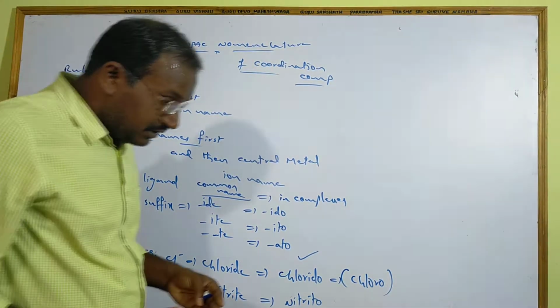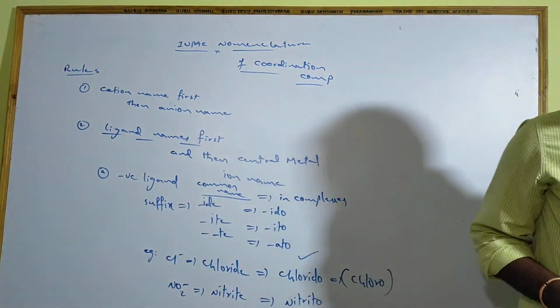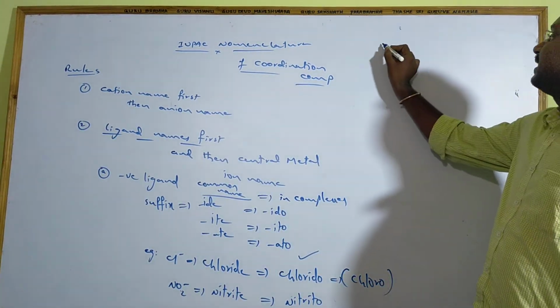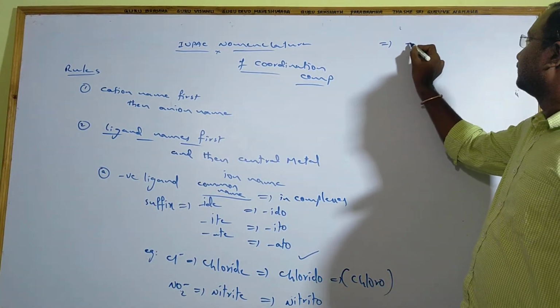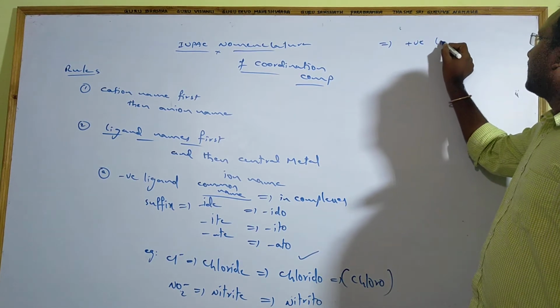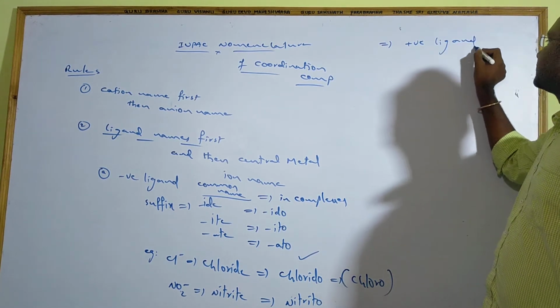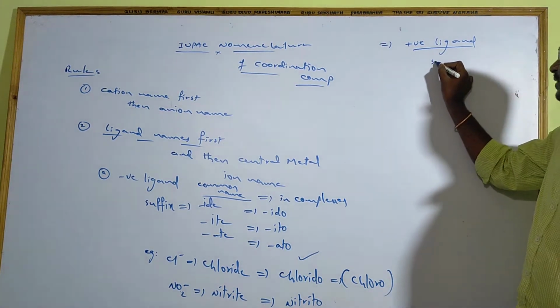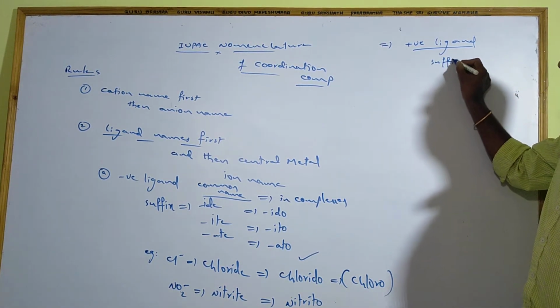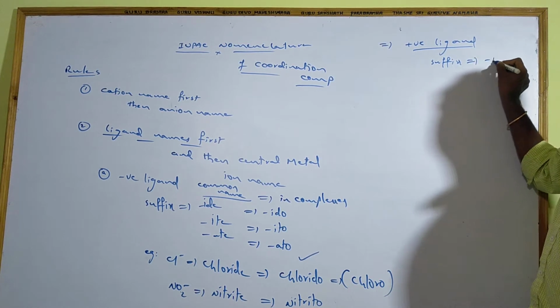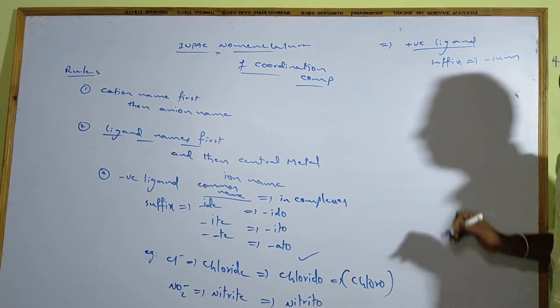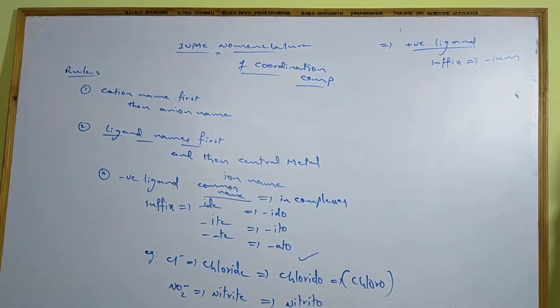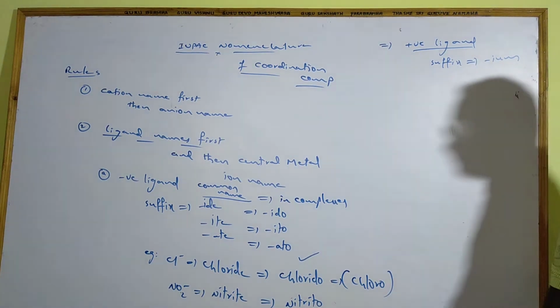If the ligand is positive, compulsorily we have to write the suffix ium. It should be there as ium.